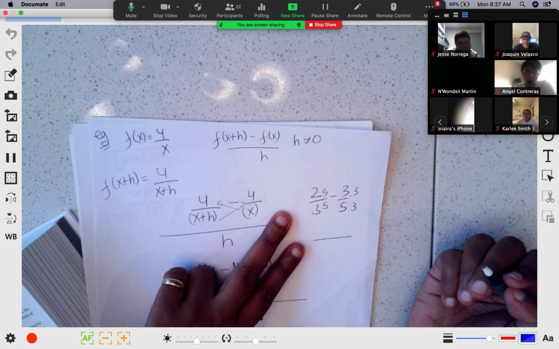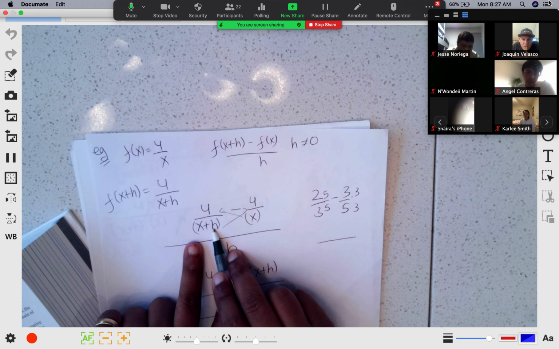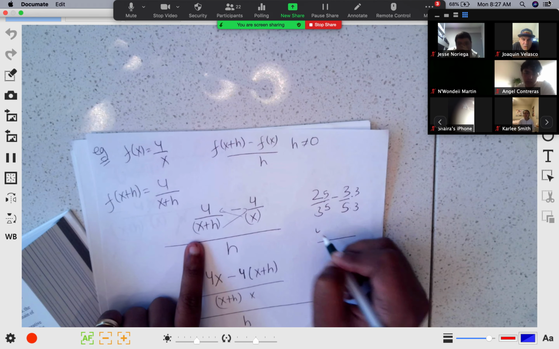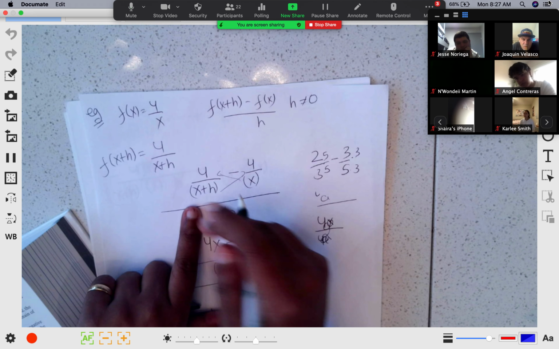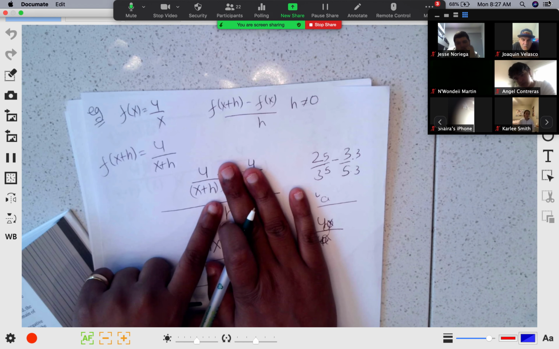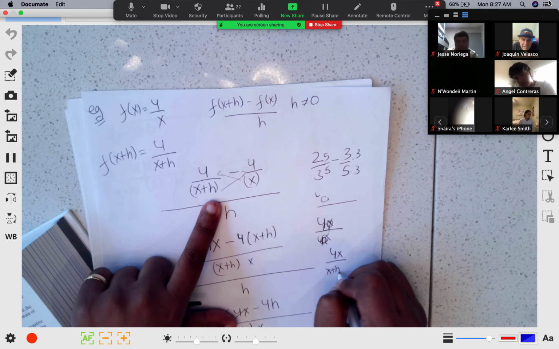Similarly here. This one does not have x, right? So I multiply both top and bottom with x. So this term does not have x at the bottom, so I multiply 4 with x, and the bottom also with x.